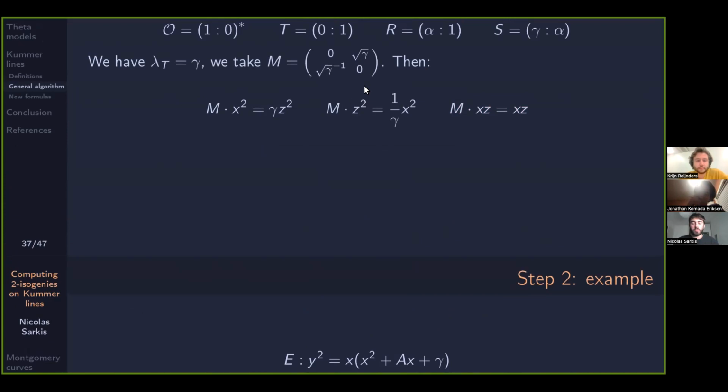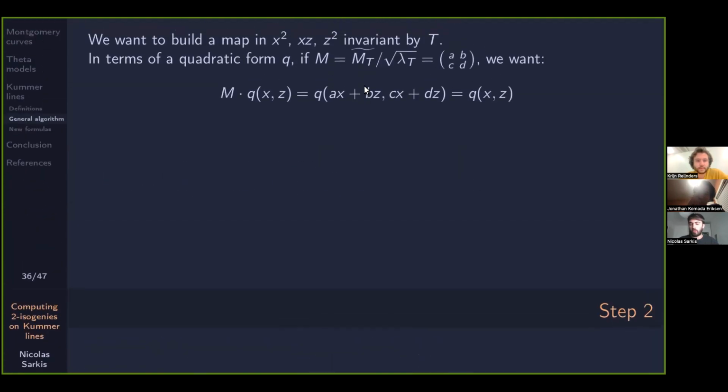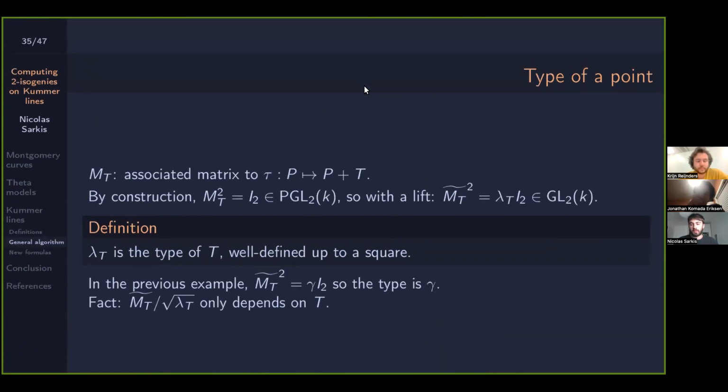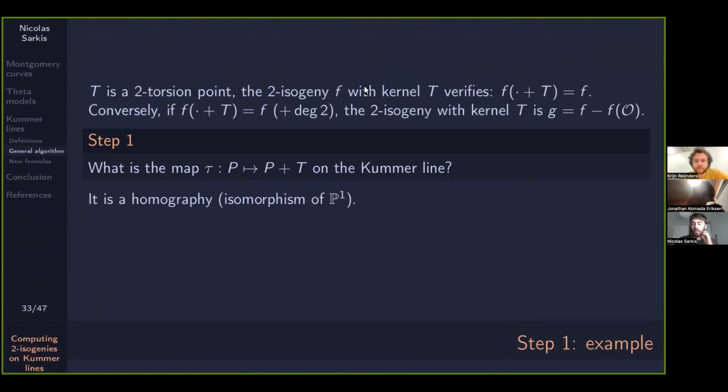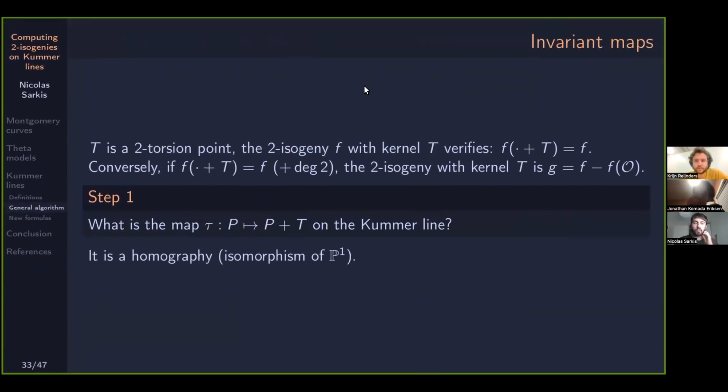And we had that it was homographic because T is a 2 torsion point, so this was necessary in that case. However, Damien has ways to compute other isogenies on Kummer lines. It is known how to do that, yes. But it's not directly the same algorithm. Okay, interesting. Thanks. Tomoki also says thanks.